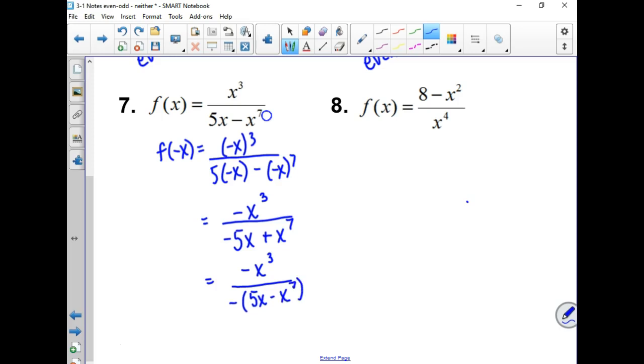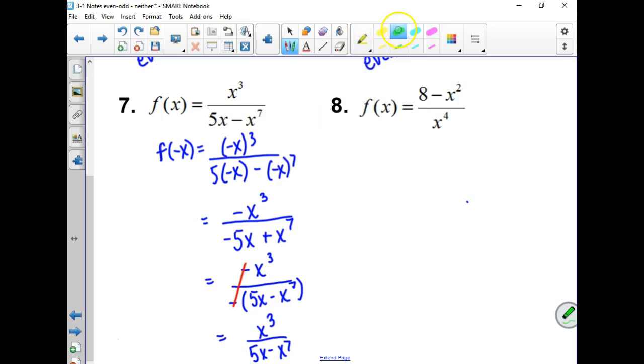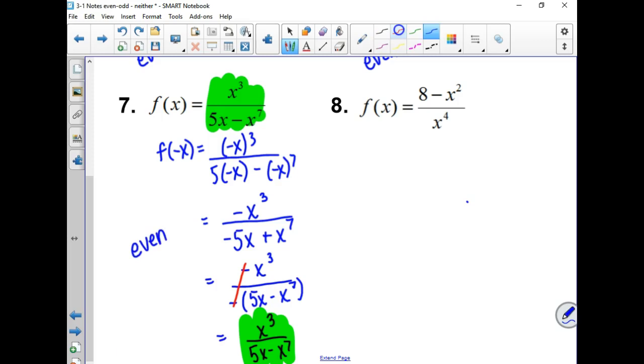And whenever we have a negative on top and bottom, those two negatives are going to cancel each other out. That leaves us with x to the 3rd over 5x minus x to the 7th. So in this case, because the numerator was opposite and the denominator was opposite, a negative over a negative gives us a positive here. What we started with matches what we ended with. So this is also an even function.